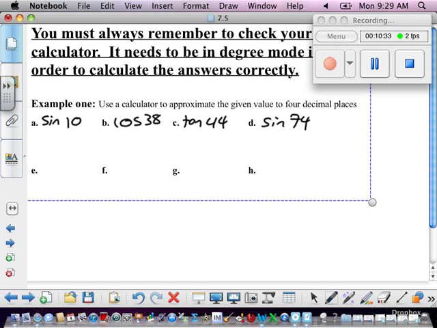Looking at your calculator, does anybody see S-I-N? Does anybody see something that might say trig? Okay. Yes. Under the control button and the trig button.